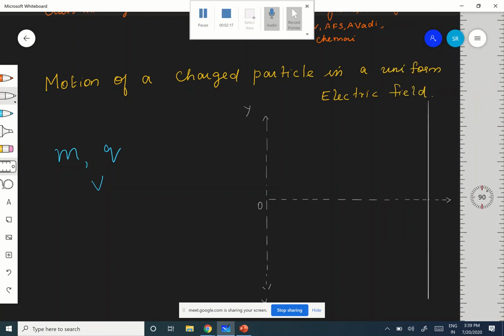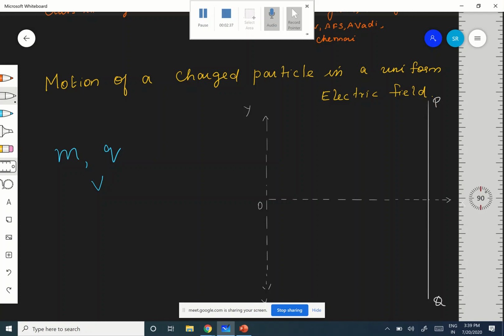A particle is moving along OX, and it impinges on this screen, a zinc sulfide screen, which produces scintillations when the particle impinges.